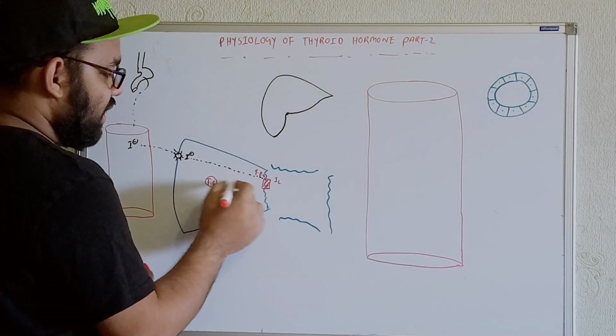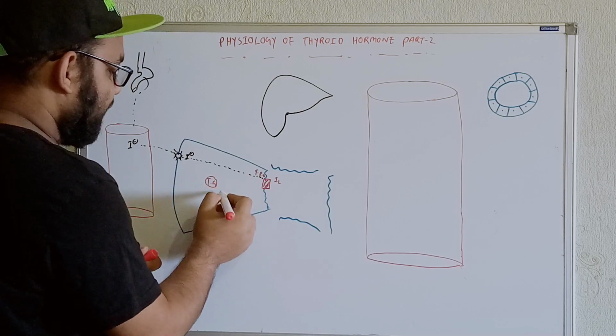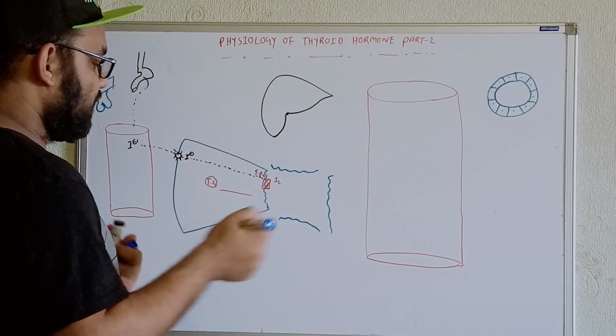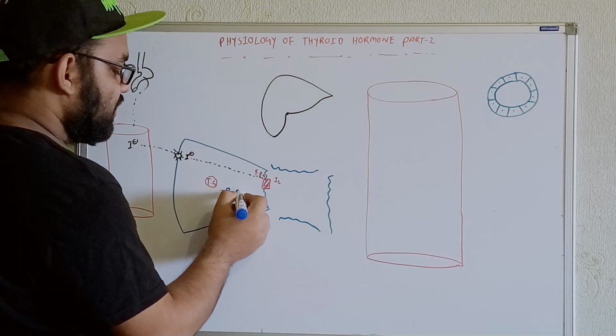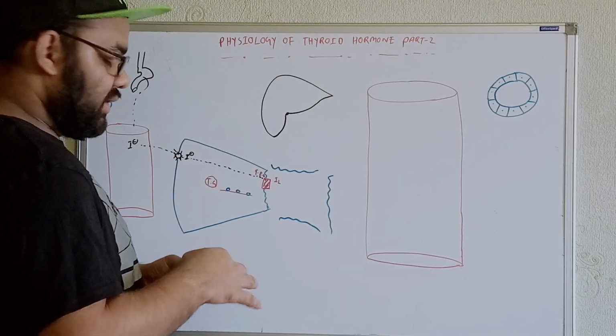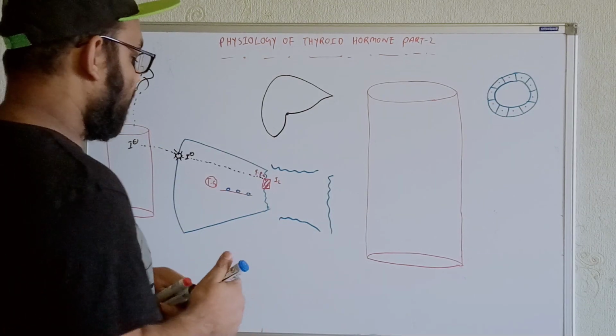These thyroglobulin proteins have multiple tyrosine amino acids, the tyrosines, and I told you to remember that the tyrosines will get combined with the what?